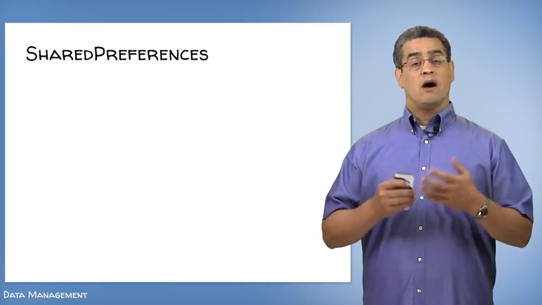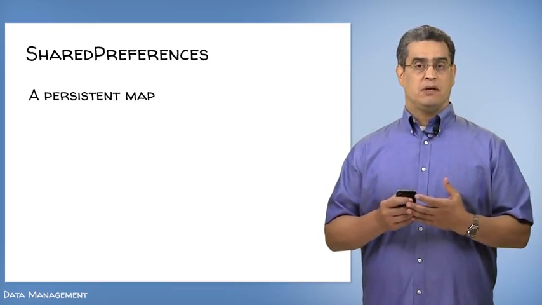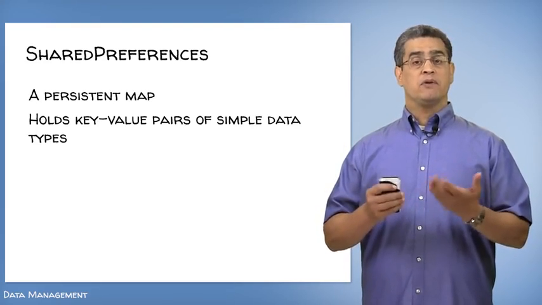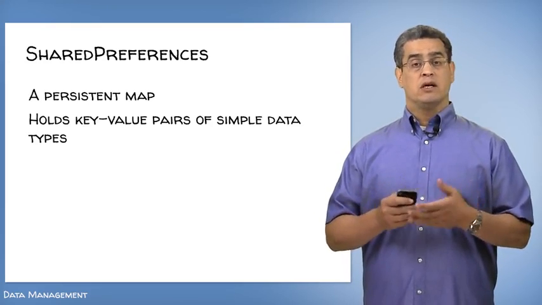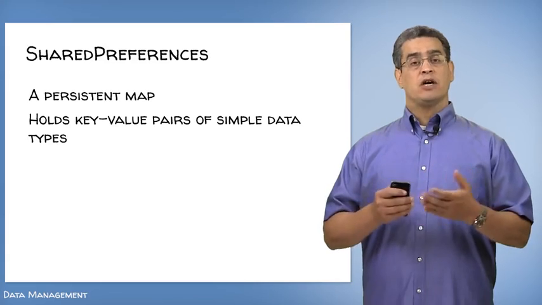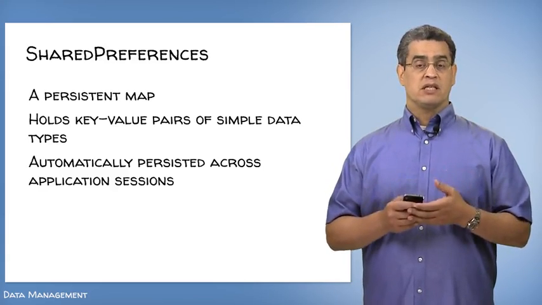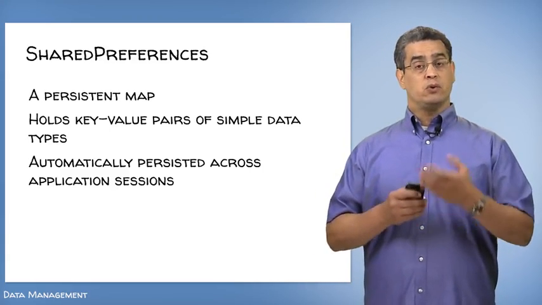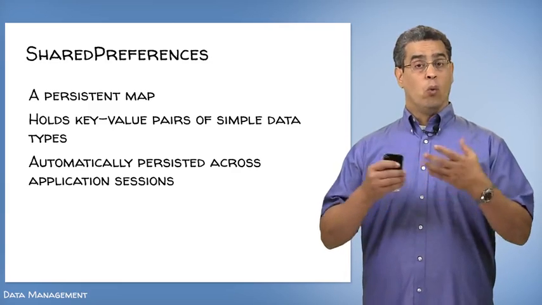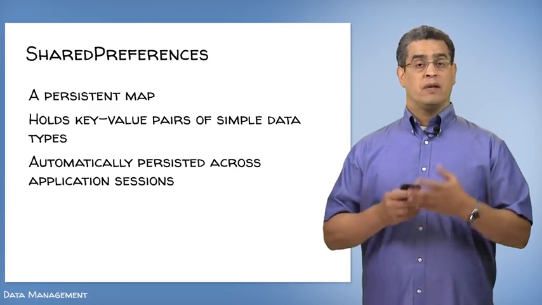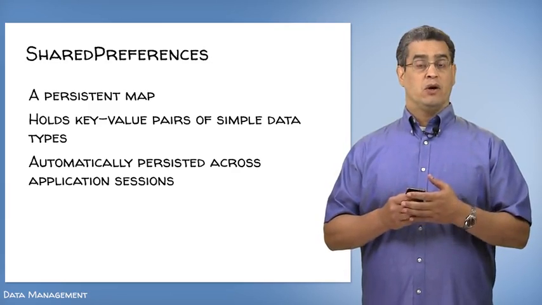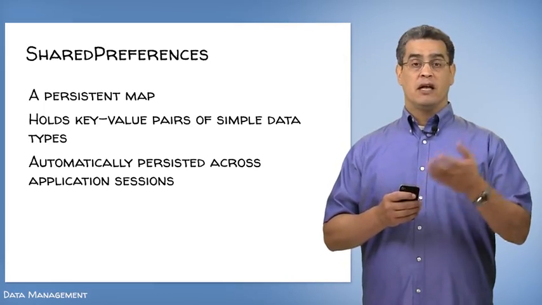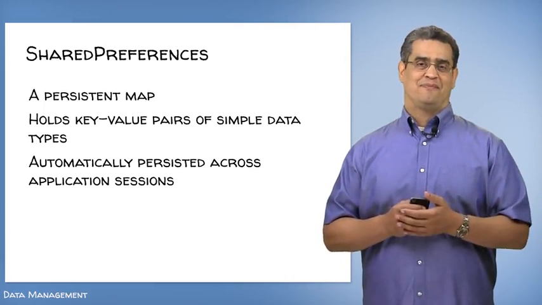Shared preferences are essentially persistent maps, and like any map, they hold key value pairs of simple data types, things like strings and floats. And shared preferences are automatically persisted across application sessions, and this allows a user to create information during one use of an application, exit the application, restart it later, and still have access to the information they created earlier.